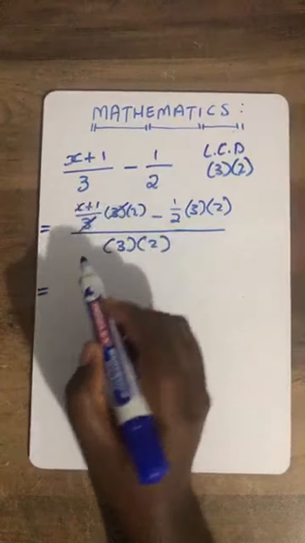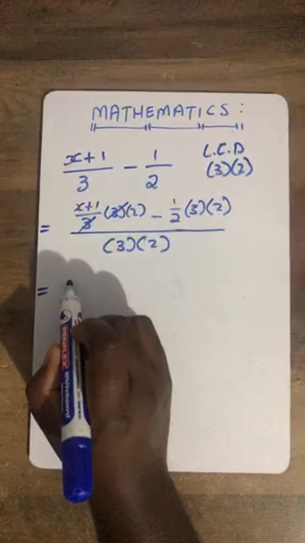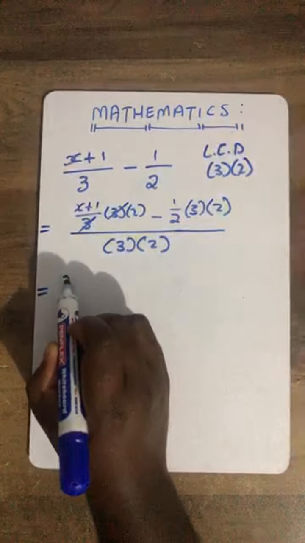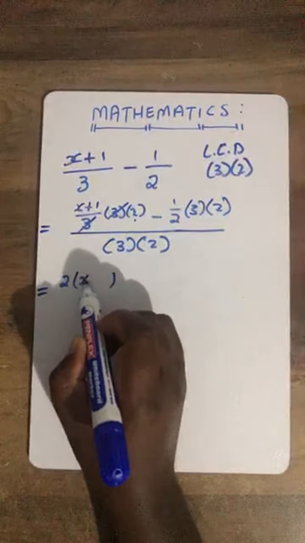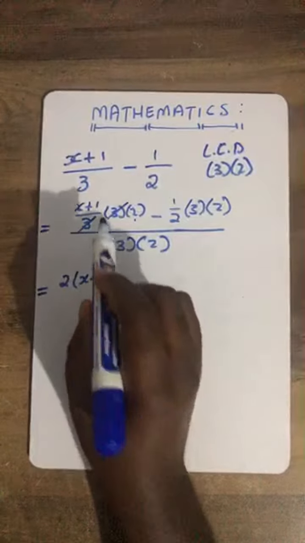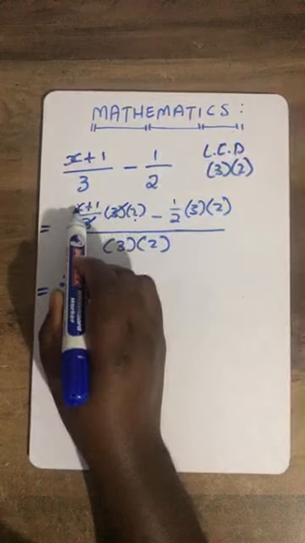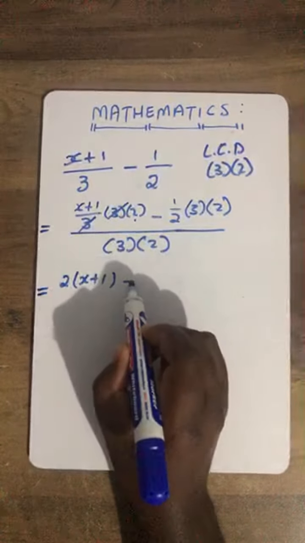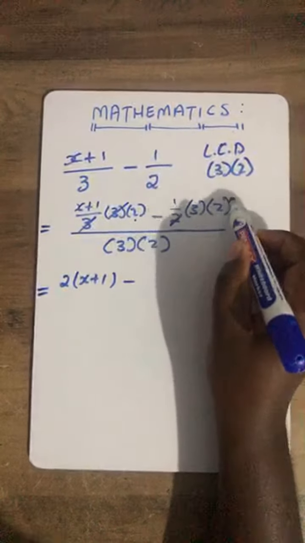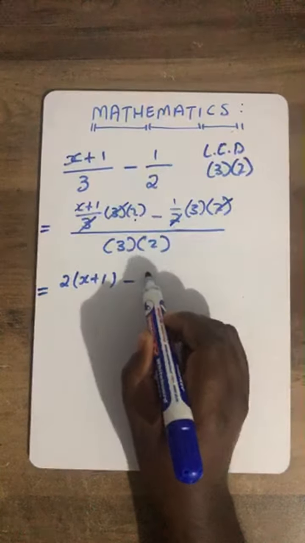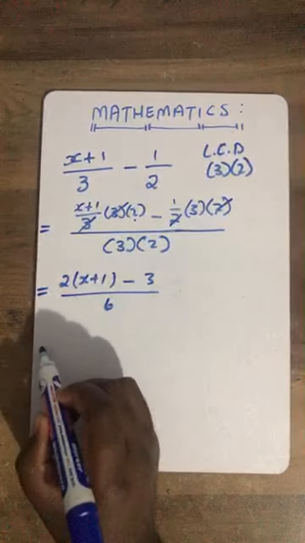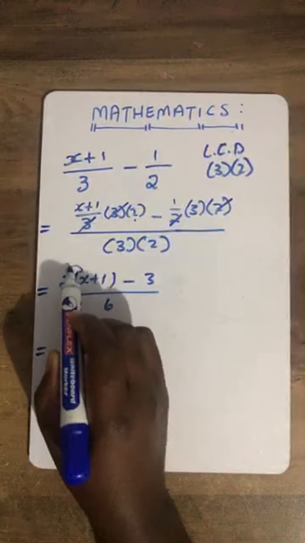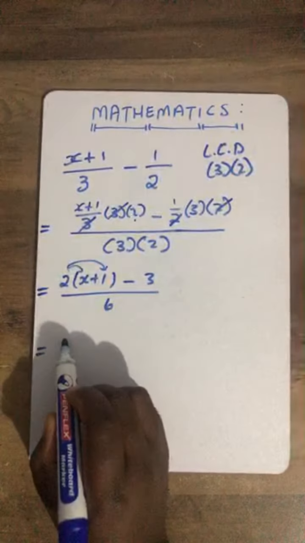That will cancel with that, so it's like you are having your 2 being that one. In brackets, you must have your x plus 1 because this 2 is multiplying that x plus 1. Minus that will cancel with that. It's like 1 times 3 is 3 divided by that times that is 6. So that means you have that by that by that, which is what?